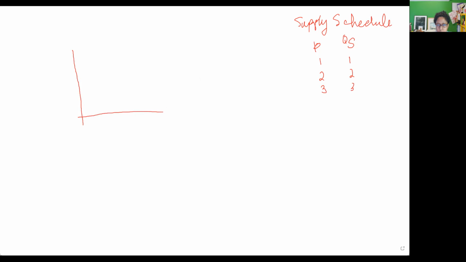drawing. Let's actually erase this. Let's use the tools here. Some tools that will give us straight lines here. And let's draw price, quantity.